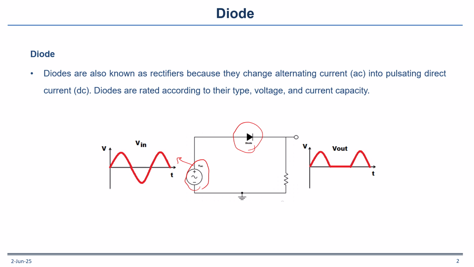When we have a diode, it just removes the negative part, so it lets only the positive current go through the diode. You can see the positive current will go and the negative current is just zero, something like this. The application of a diode is for changing, for example, an AC sinusoidal waveform to a DC waveform.